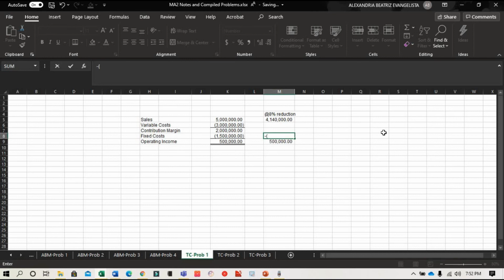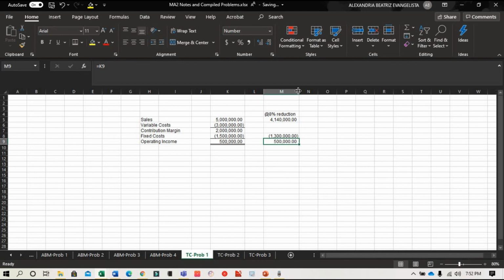So for the fixed cost, that is 1,500,000, which is the original fixed cost, less 200,000 because they were planning to reduce the fixed cost by 200,000. That would give us 1,300,000. So now we just have to work back the missing data. So this would give us 1,800,000.